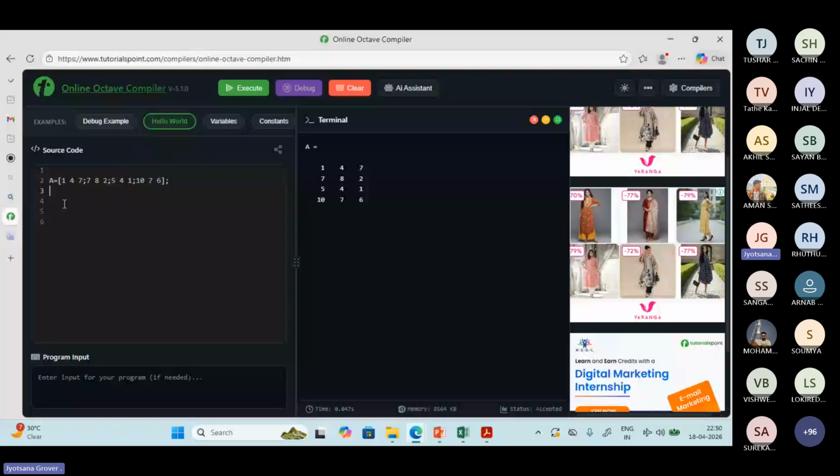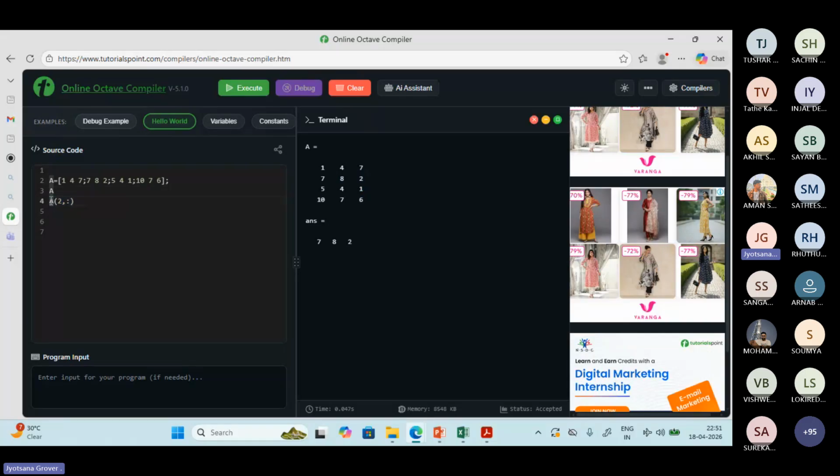See, 2 comma colon. 2 means this is the row, colon means take all the columns. So this is A2. Second row. This is your A. Because you are doing row elementary operations, you have to take only rows.